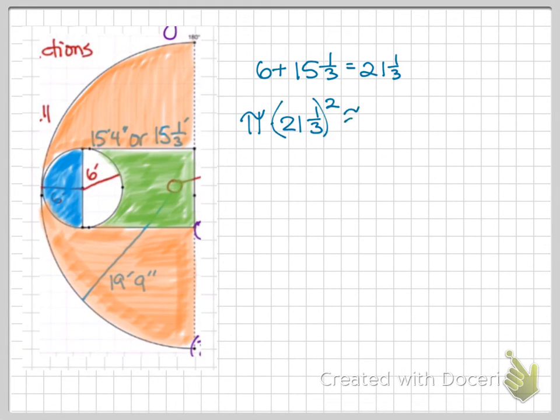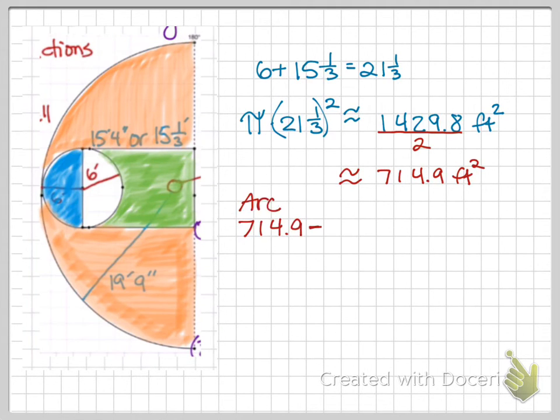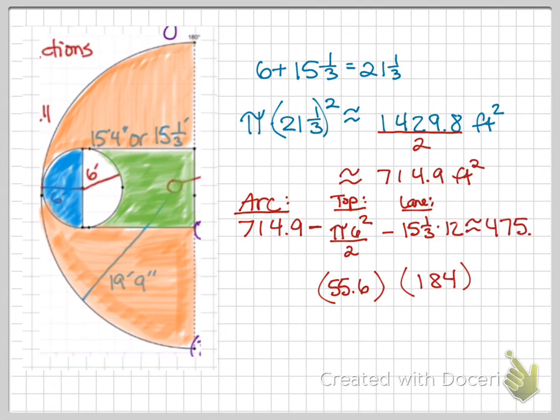So, to calculate this answer, what you would need to do is find the area of this half circle. To do that, you find the area of a circle and divide it in half. In order to calculate the radius of the 3-point arc, we're going to add the length of the lane, which was 15 1/3 feet, plus 6 feet, which was the top part of the free throw area, and that gave us a length of 21 1/3 feet.